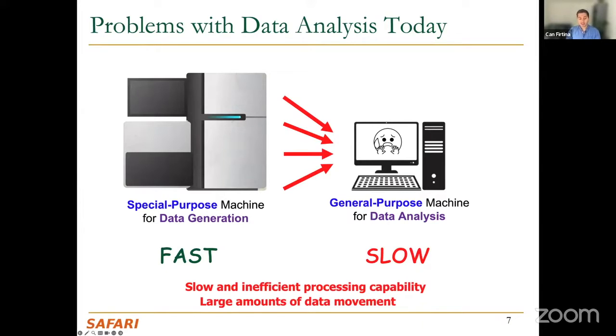So they become really slow at analyzing this data, and they are essentially bottlenecked by the data movement overheads. So what we have today is a slow and inefficient processing capability that is not capable of processing large amounts of data.